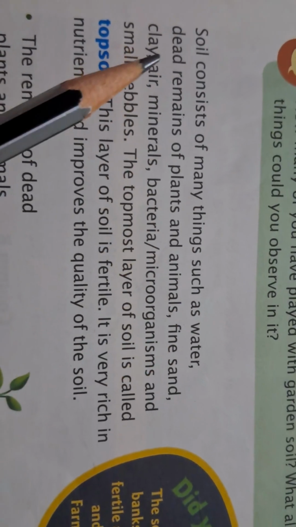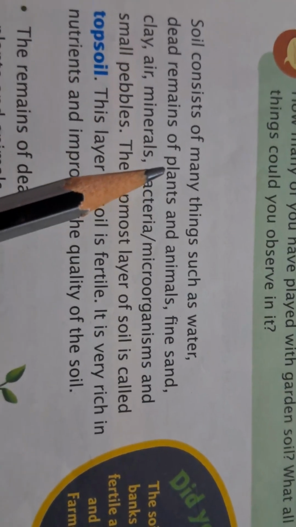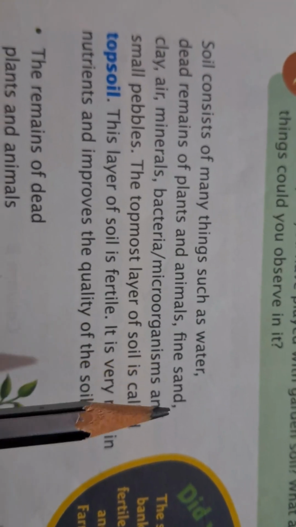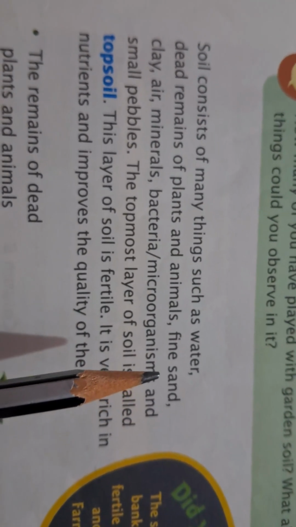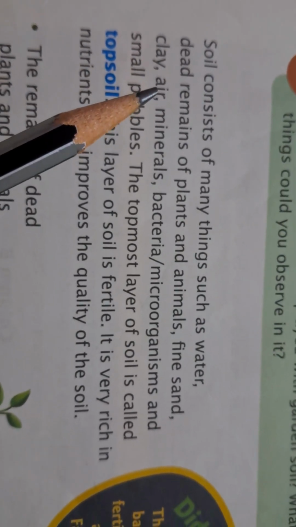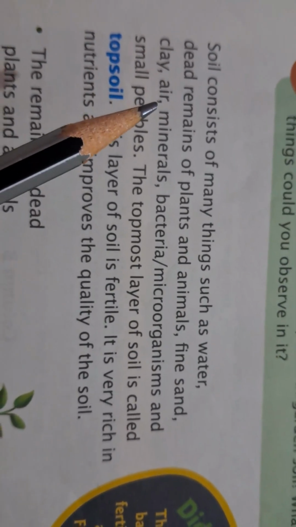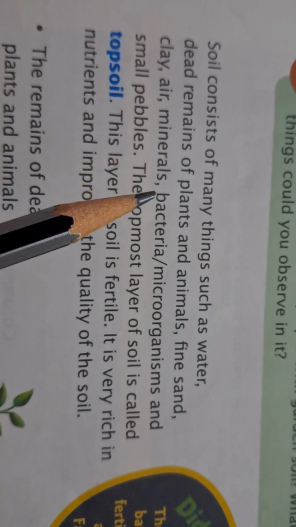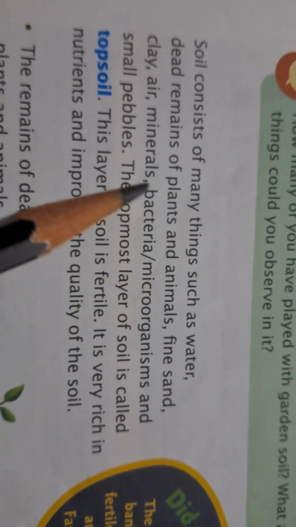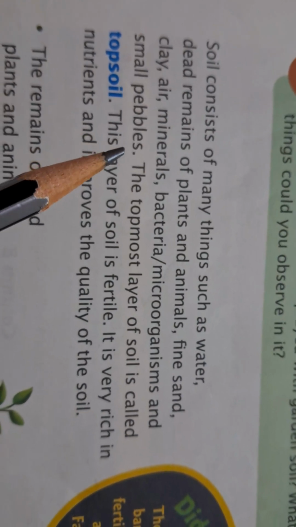Water will be there, dead remains of plants means dead plants and dead animals will be there, fine sand will be there, and clay will be there, and air will be present in the soil also, and minerals will be there, and also bacteria. At last we have small pebbles.